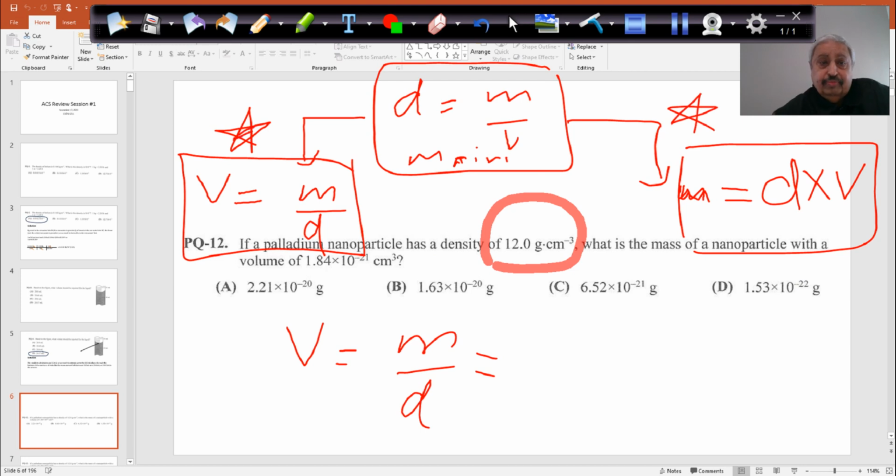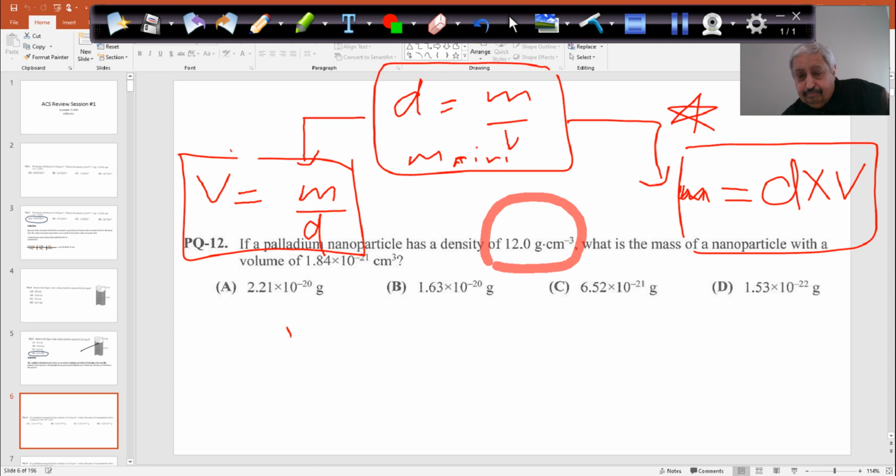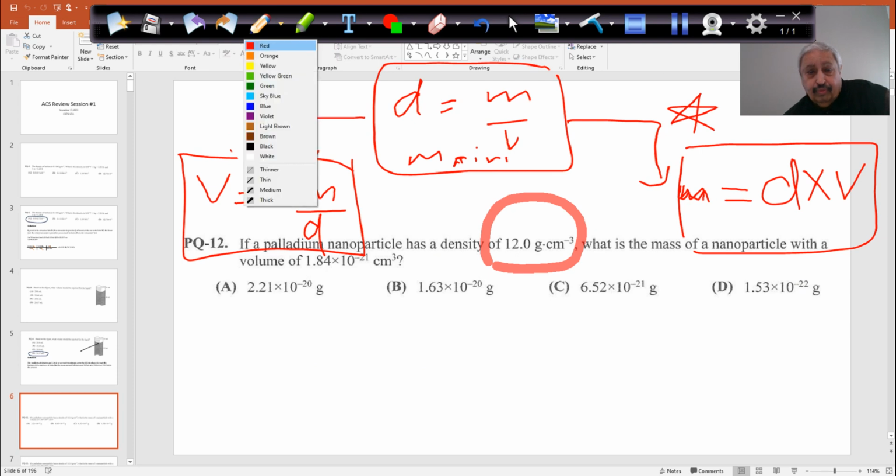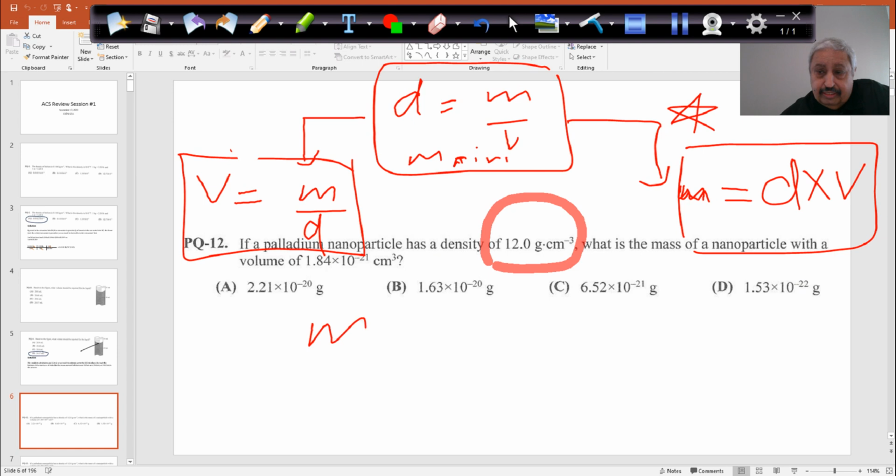So not this here. You take this one out. They're asking about the mass, not the volume. But those are the two sub-formulas from the main formula. So then we'll have this one here. So mass is density multiplied by volume.